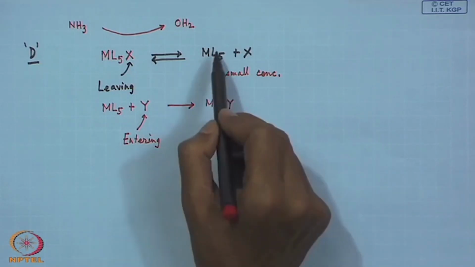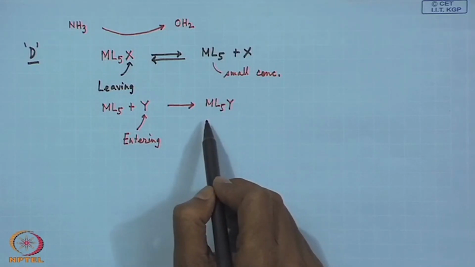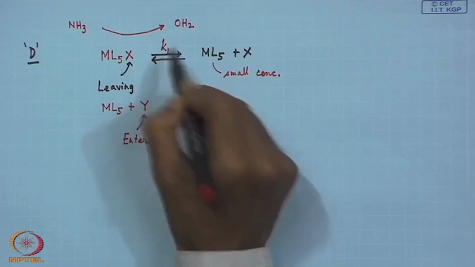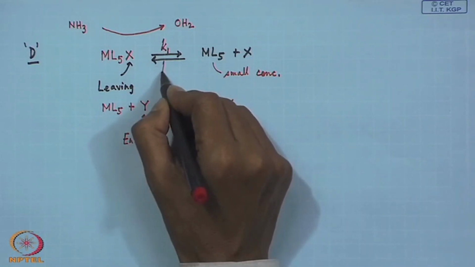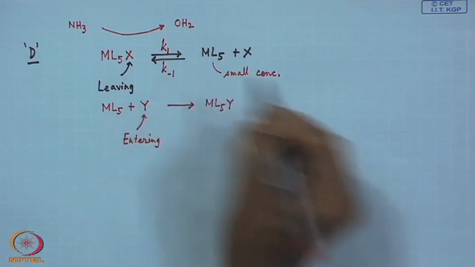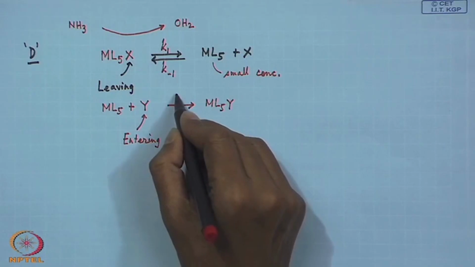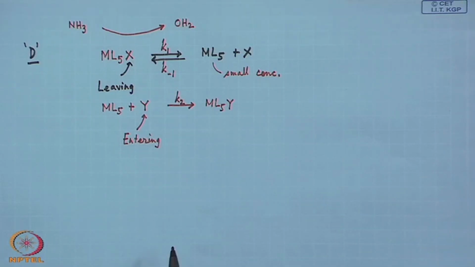So, the rate of formation of this ML5 and ML5Y, all these are dependent on the rate of this particular dissociation, that means K1, and reverse of this reaction is K minus 1, and the rate of this particular attachment of the entering ligand is K2.